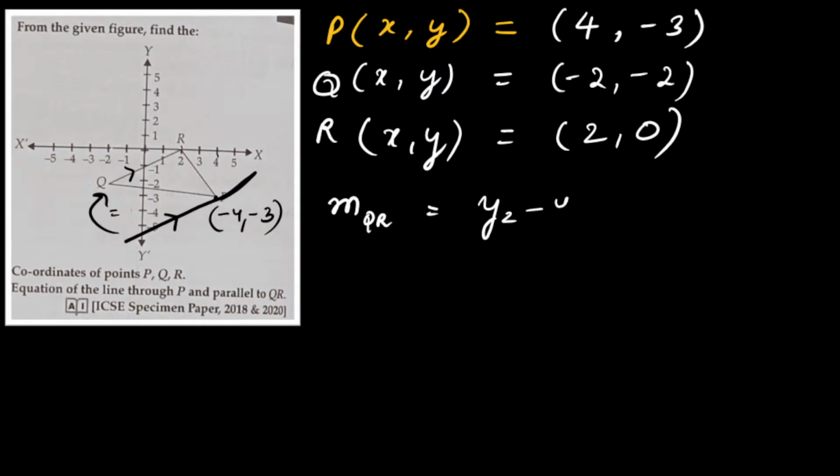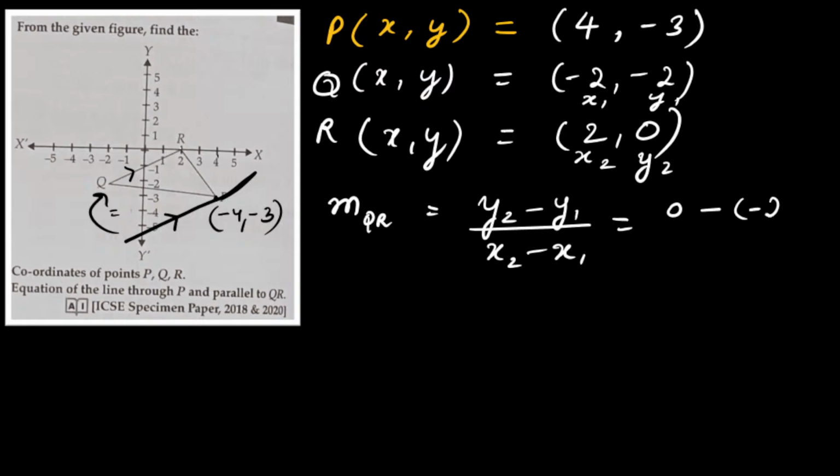The slope formula is y2 minus y1 by x2 minus x1. Because we are finding the slope of QR, we use the coordinates of Q and R. Q's coordinates I am writing as x1, y1 and R's coordinates as x2, y2. So y2 is 0 minus y1, which is -2, and x2 is 2 minus x1, which is -2.